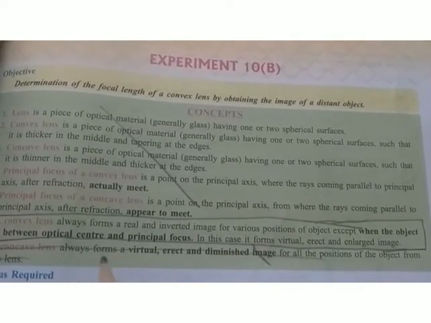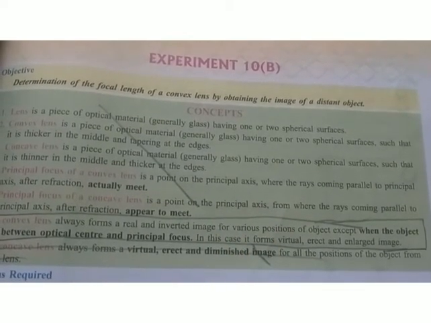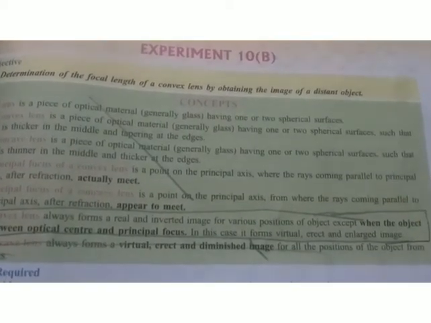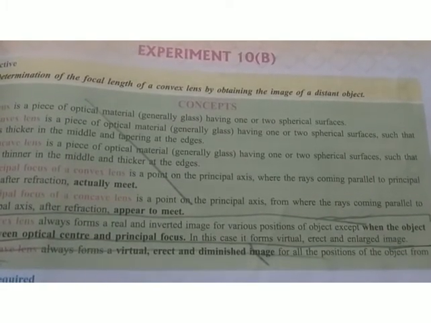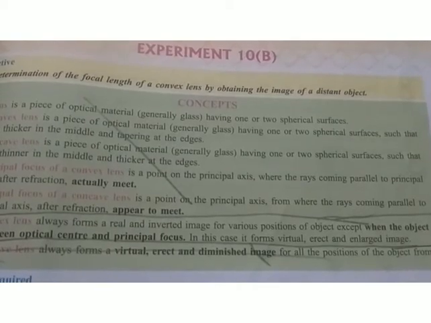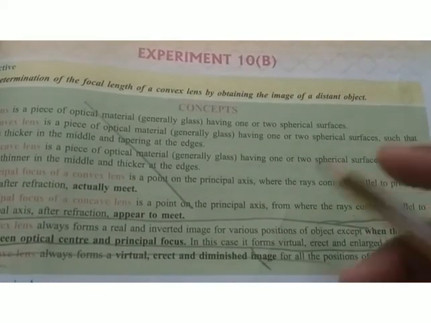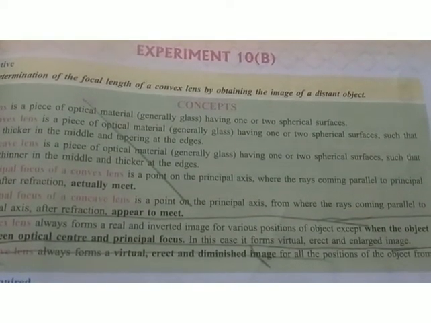So you are focusing on a distant object using a convex lens, and you will get the image on the focus of that convex lens.